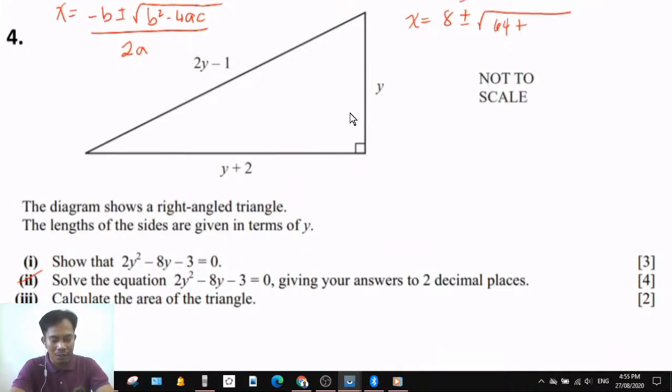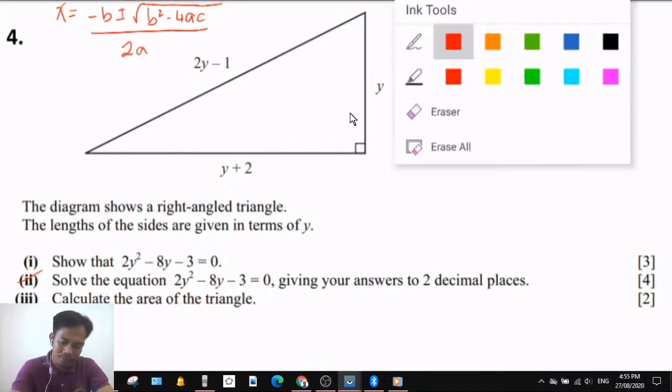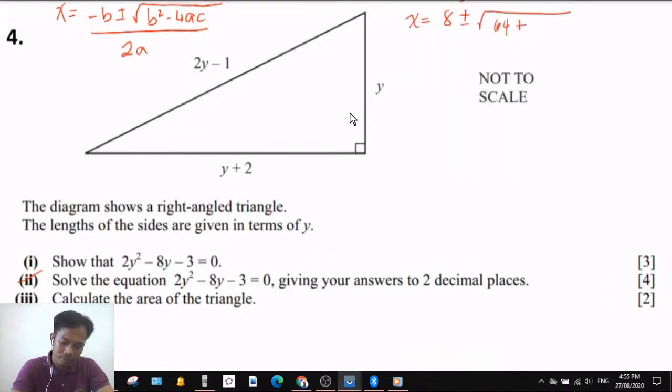Negative 8 times negative 3 is positive 24. Okay? Positive 24 only.